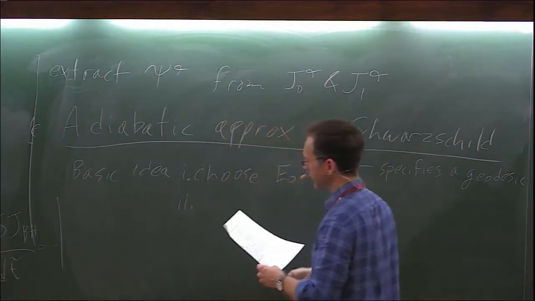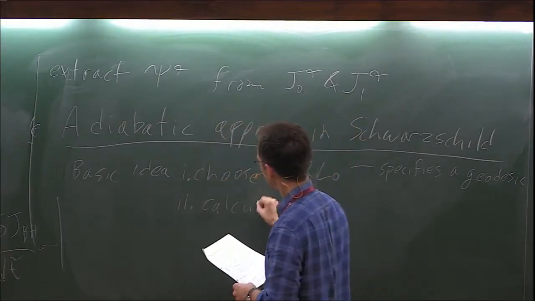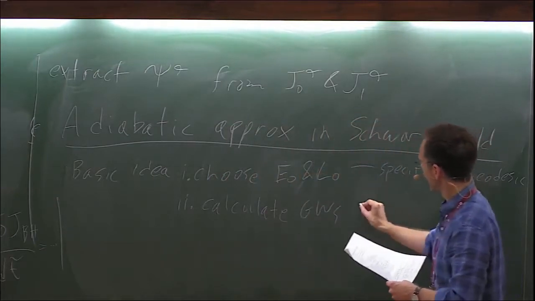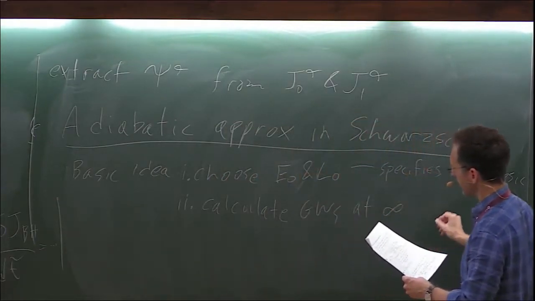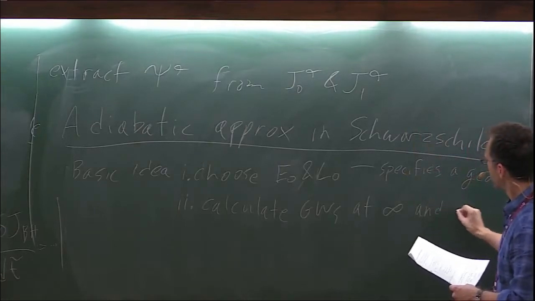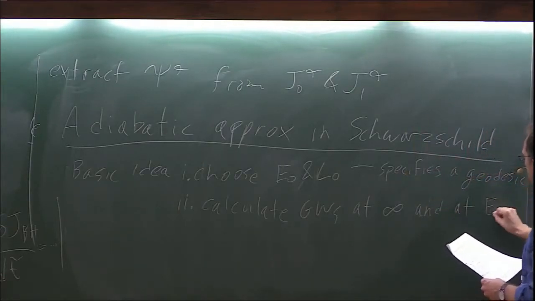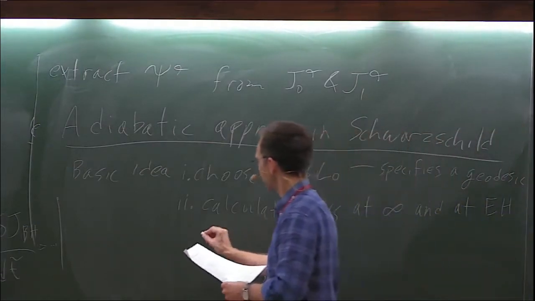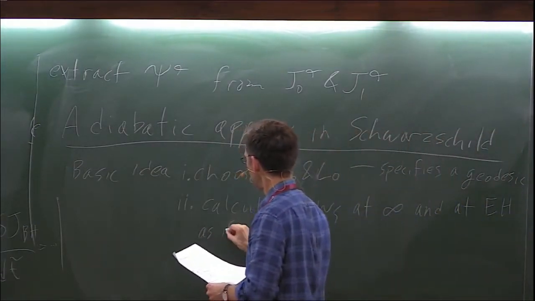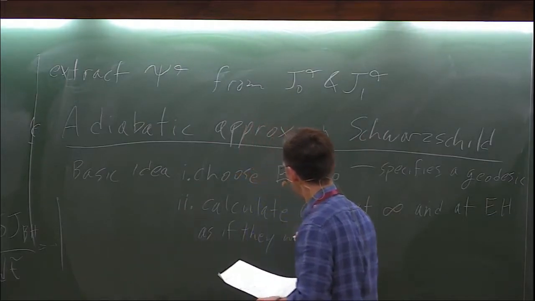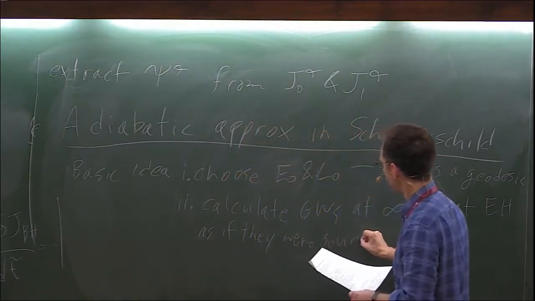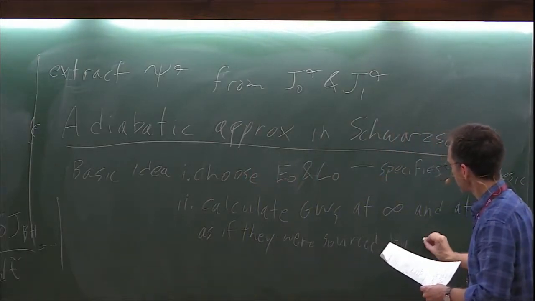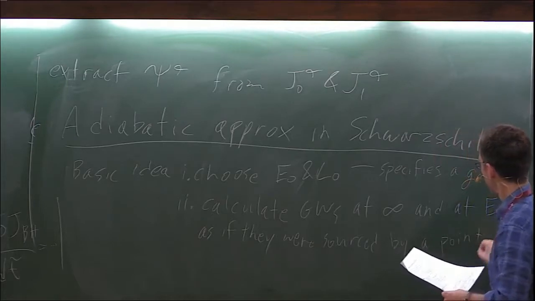Step two, you calculate gravitational waves at infinity and at the event horizon as if they were sourced by a point mass moving on that geodesic.